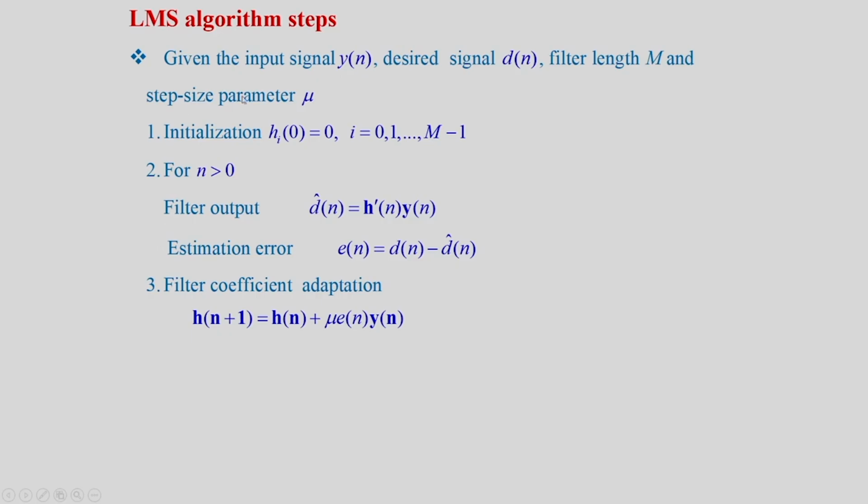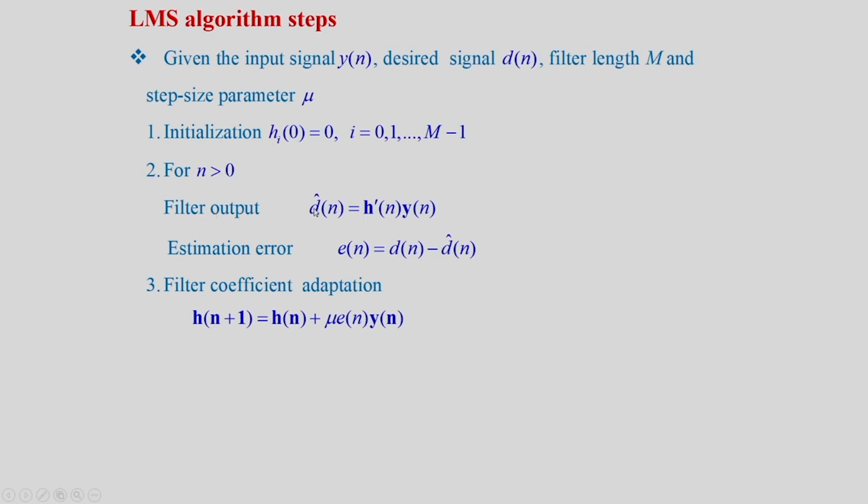We can give the steps of the LMS filter. Given the input signal yn, the desired signal dn, the filter length m, and the step size parameter mu. These are the inputs to the algorithm. Initialization: hi(0) is equal to 0 for i equal to 0 up to m minus 1. All the filter coefficients are initialized to 0. Now, this is the updating for n greater than 0.